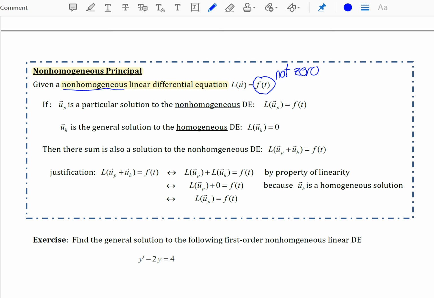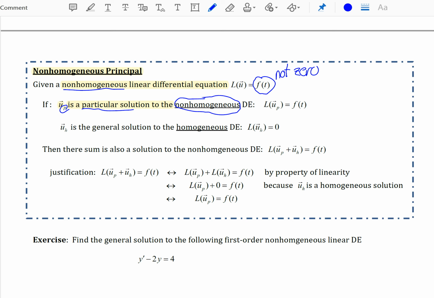So the non-homogeneous principle says, if UP is a particular solution to the non-homogeneous DE, and we're using the letter P as a subscript here just to emphasize that we're talking about a particular solution to a non-homogeneous differential equation.